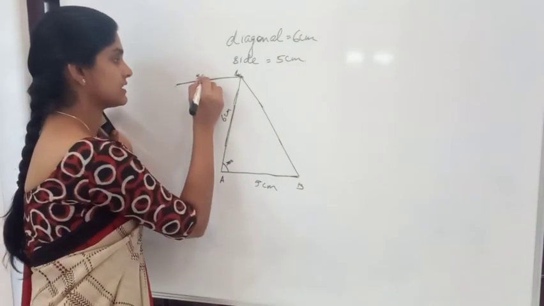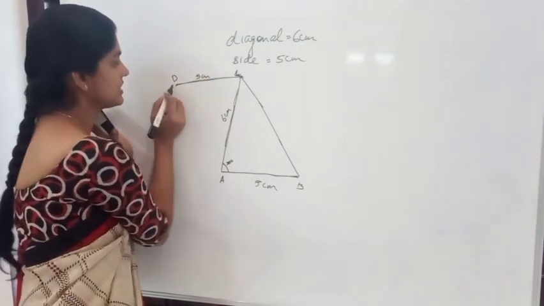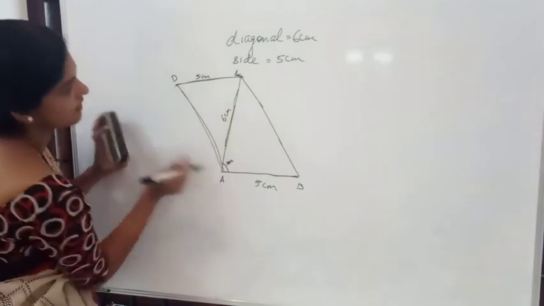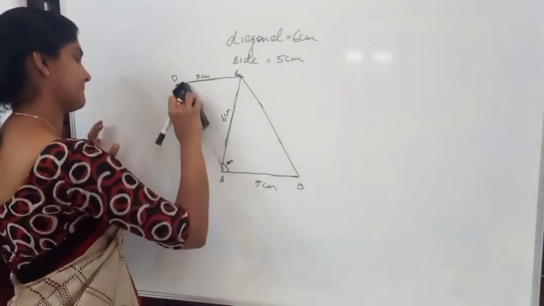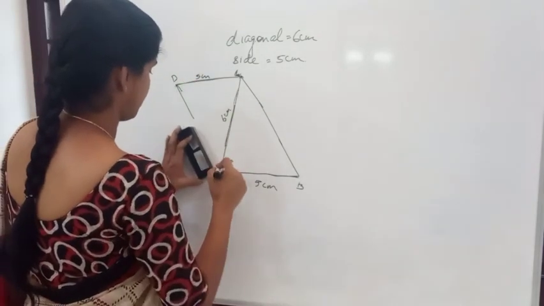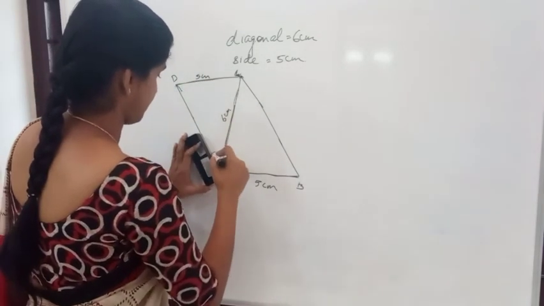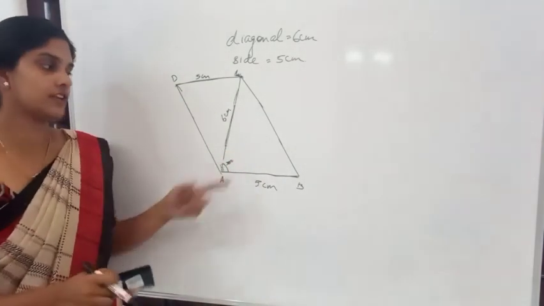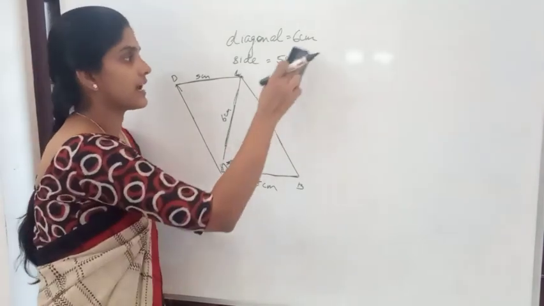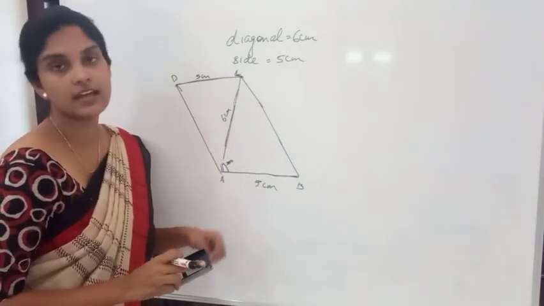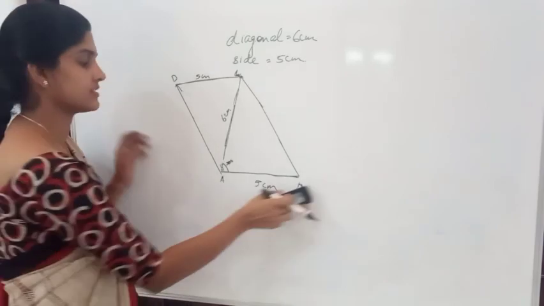So take 5 centimeter, mark this point as D. Now join the points B and A. This will be the rectangle that you will get. This is how you draw it if the diagonal and a side of the rectangle are given.